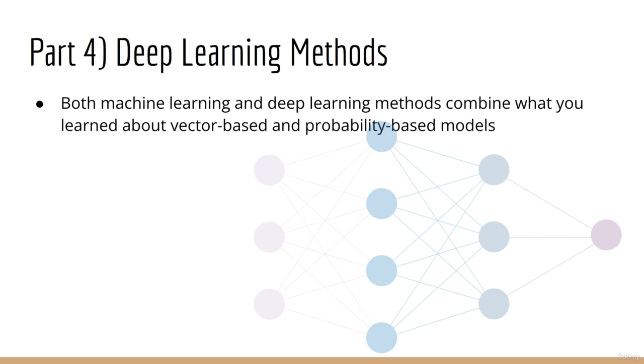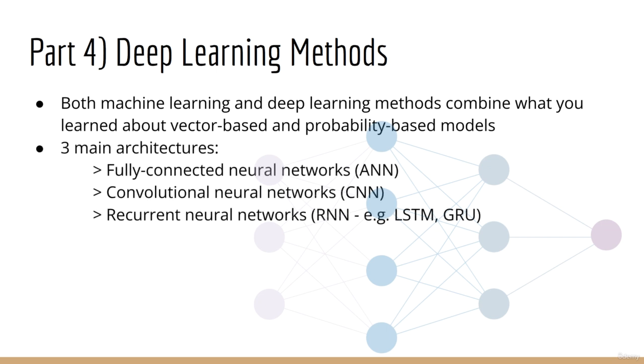In particular, you'll see how deep learning methods apply what you learned about vector-based models, as well as probability models. The deep learning sections will focus on three main architectures, namely, fully connected neural networks, also known as ANNs, convolutional neural networks, also known as CNNs, and recurrent neural networks, also known as RNNs. The RNN section will look at popular units, such as the LSTM and the GRU.